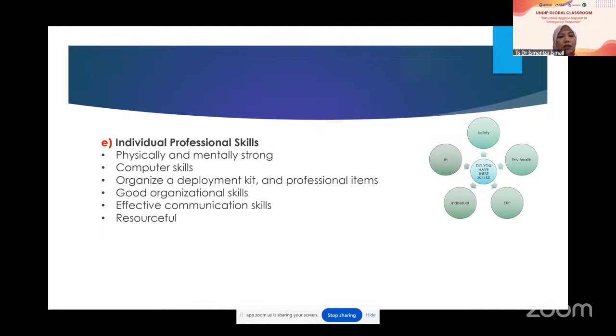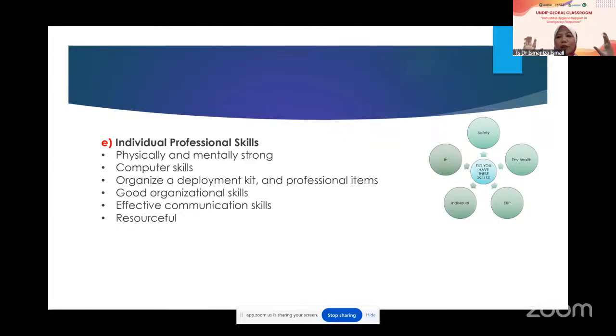Maybe chocolates. You have to be a good communicator. You have to be resourceful when they ask for information. You are the ones providing them the latest information, what to do next. However, if you are not good at communicating, then there will be a problem. In emergencies, people don't need perfect theory.